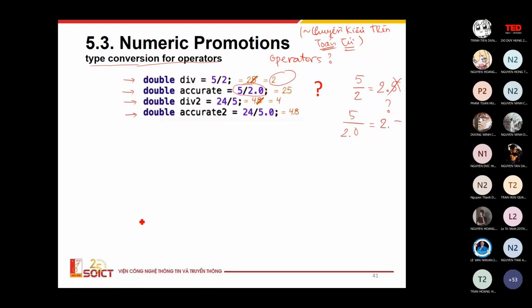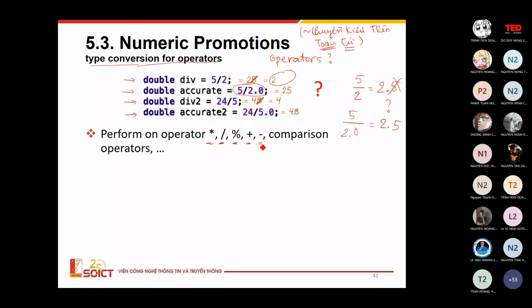Okay, so let's see how it works with the operator. You can see that this numeric promotion is only performed on some operators like multiplication, division, modulo, addition, and subtraction.